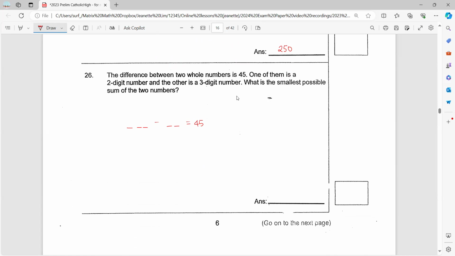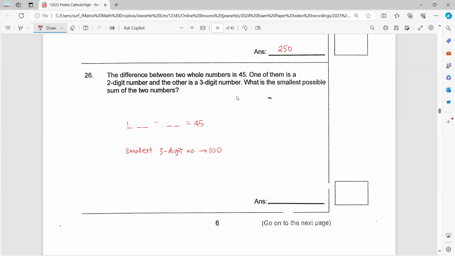If you want the smallest possible sum, then you want the smallest possible numbers that can be formed with this 3-digit and this 2-digit number, right? So the smallest 3-digit number is 100.